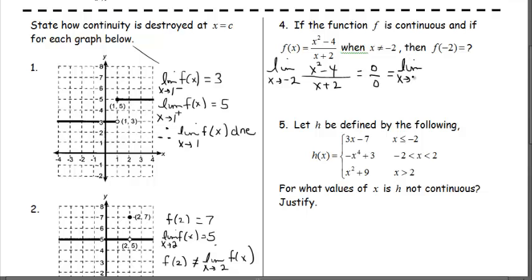I differentiate the numerator, differentiate the denominator, plug in -2, and I get -4. This answer is the same as if you were to factor this and cancel. What this tells us is that from the left and the right, as I approach -2, the y values are going into -4, so that's exactly what the functional value needs to be in order for the function to be continuous. So this should be -4.